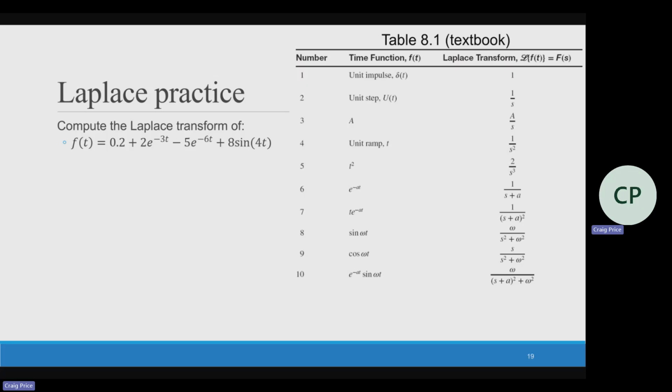I just want you getting some practice with going back and forth with the table.